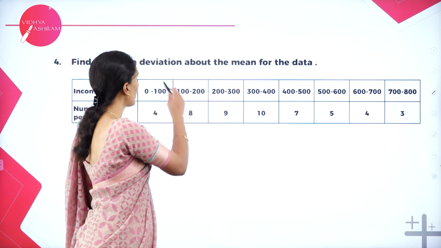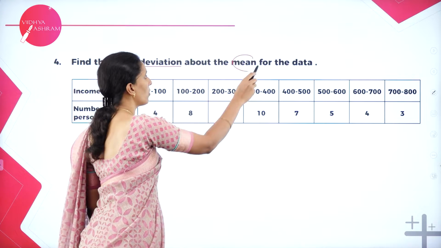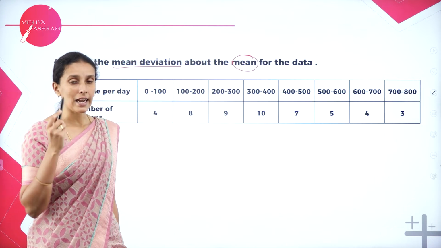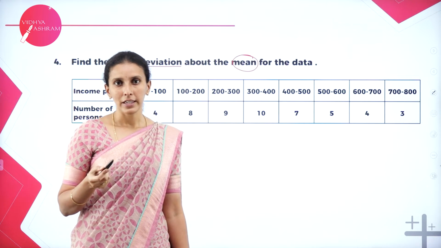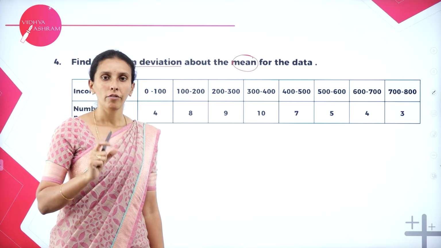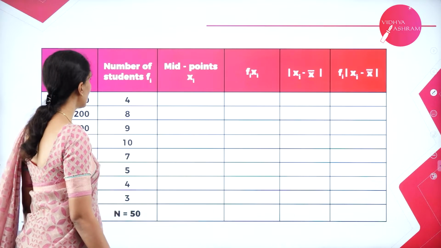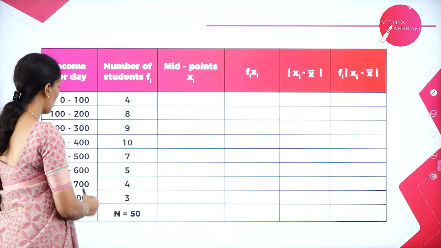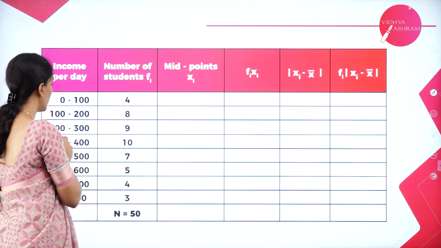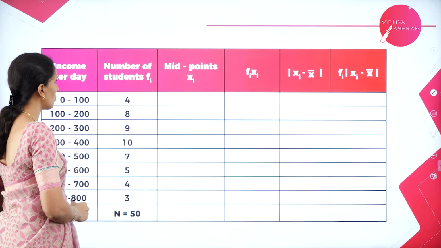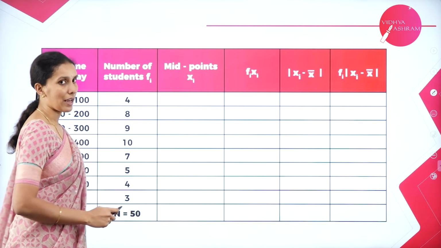Now here we have to calculate the mean deviation about the mean. So first let us calculate the mean. Then subtract each observation from the mean. Use the formula of mean deviation to calculate the mean deviation. Let's see now. Here I have taken the column 0 to 100, and so on. Each class interval I have written. Frequency I have written.